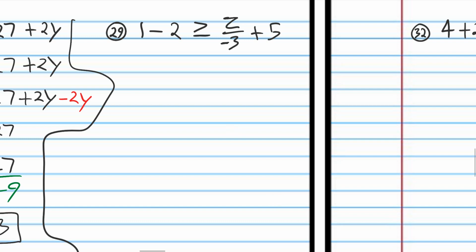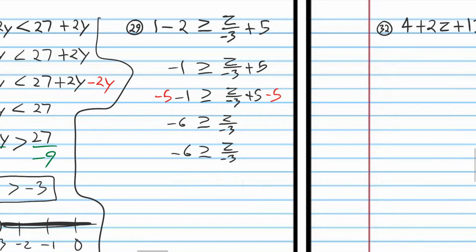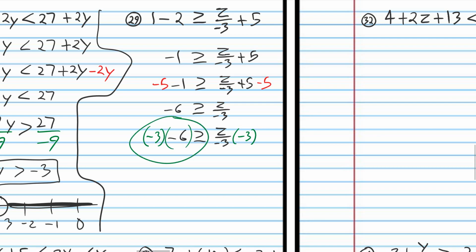All right, we're back. 1 minus 2 is -1. So now we're going to multiply both sides by -3, and be sure to put parentheses around both these numbers.